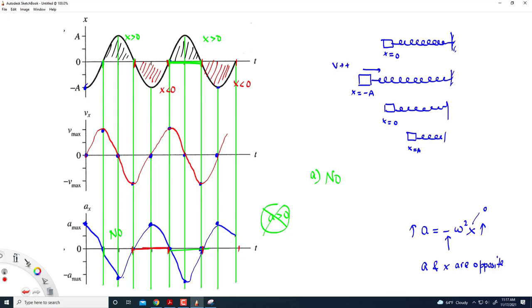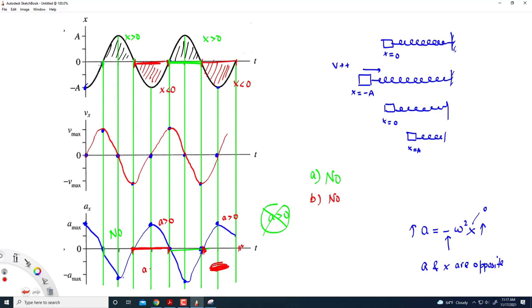From here to here, do you see a on this down part? No, there's no graph on this part. For this duration, there's no graph on this down part. It's all positive. It's all greater than 0. So that's also no. Can you make a general conclusion about the relationship between the sign of x and the sign of a? I already answered that.